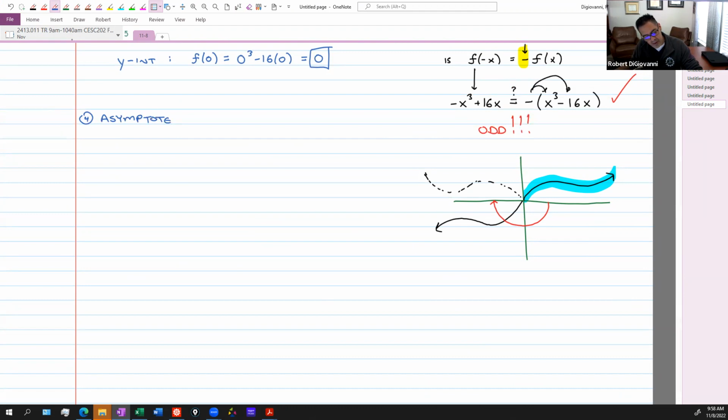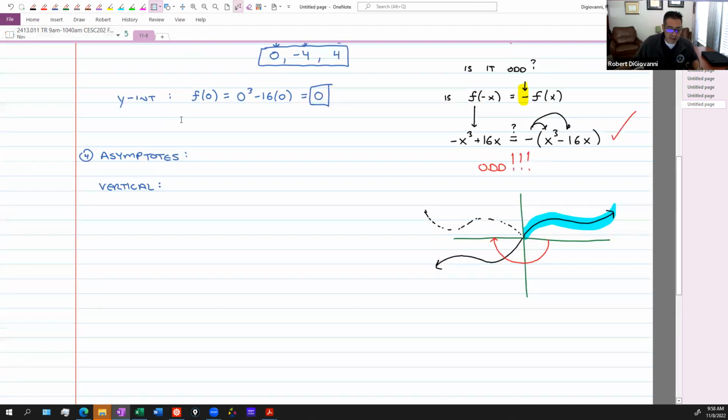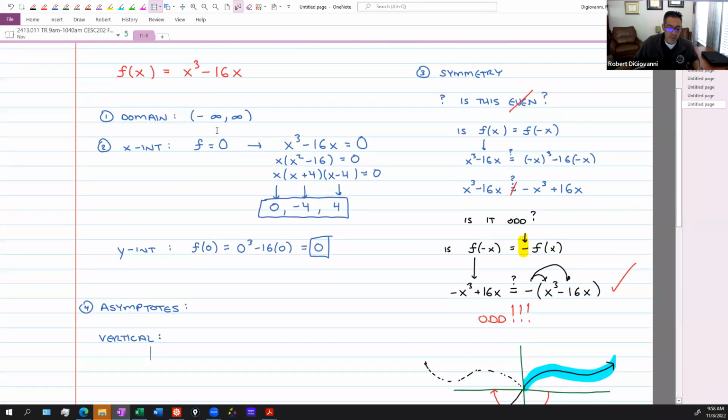We have 2 types of asymptotes that we look for, vertical and horizontal. So how about vertical ones first? All right, so for vertical asymptotes, I'm looking at the original function here in yellow, and I'm asking myself, do I ever plug a number in that would give me a 0 on the bottom and a fixed number on top, not 0 over 0?